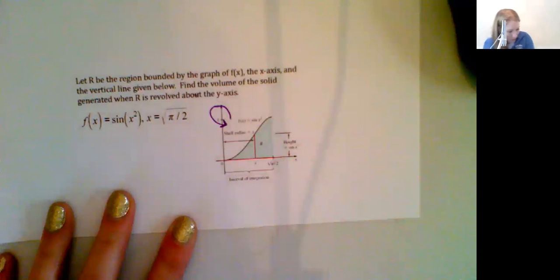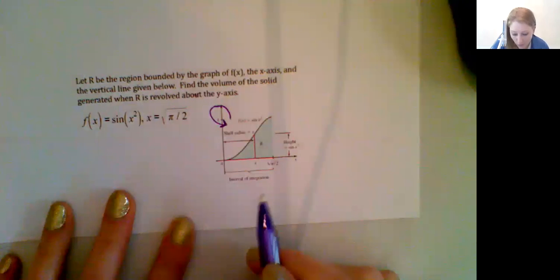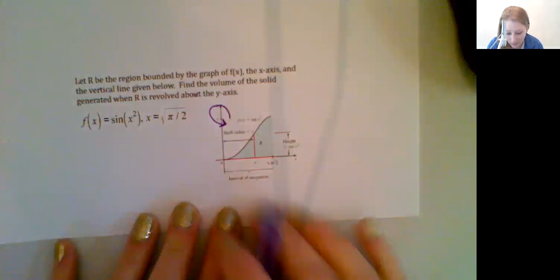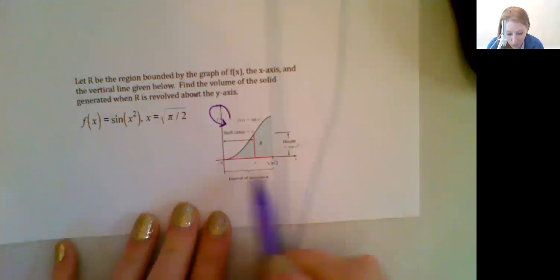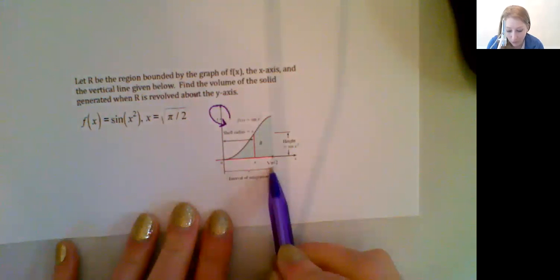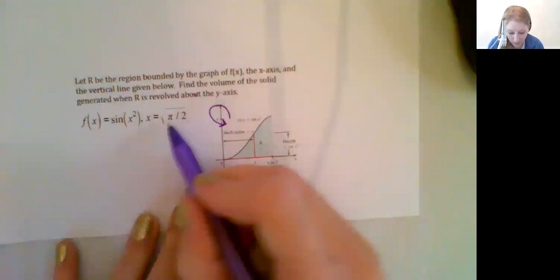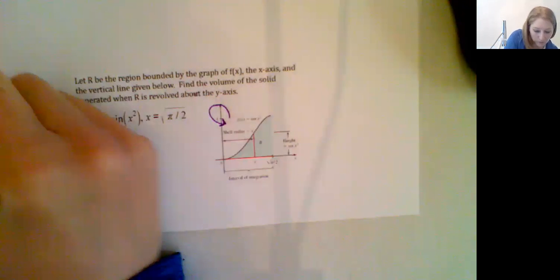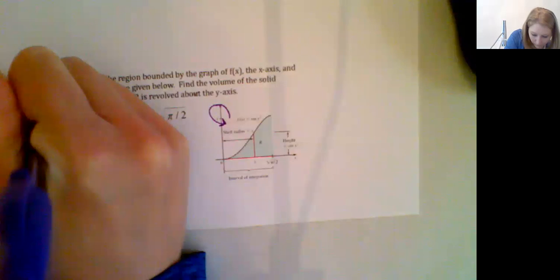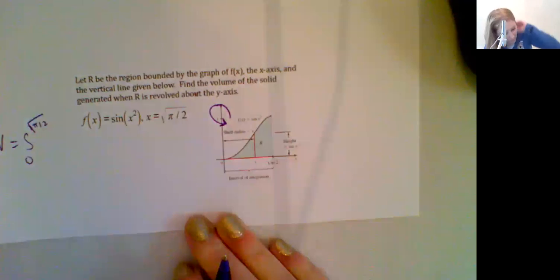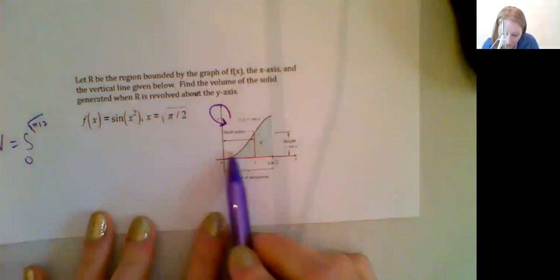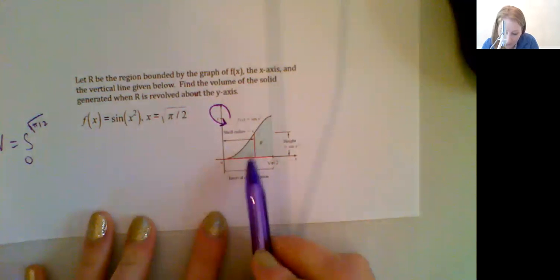All right, so the first thing that I want to draw your attention to is that our interval of integration is going to be from 0 to the square root of pi over 2, and that's because that's the bound that they gave me. Okay. And then in this case, our radius is the distance x, okay?